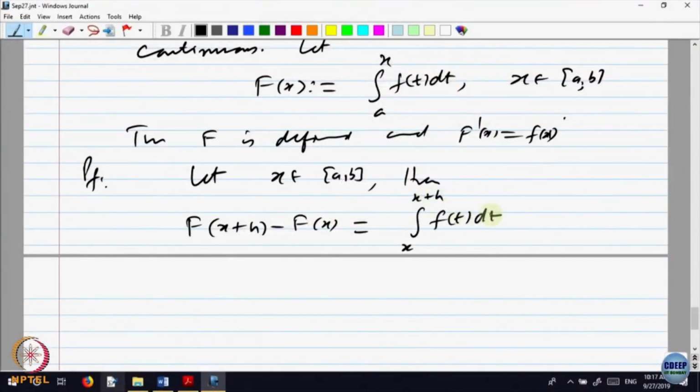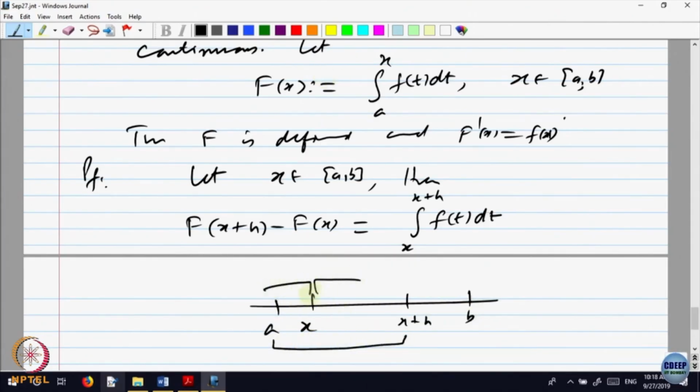This is the integral from a to x plus h minus the integral from a to x, where this is x, this is x plus h, and this is a. So what is left is the integral from x to x plus h.